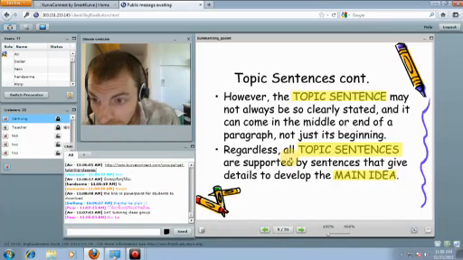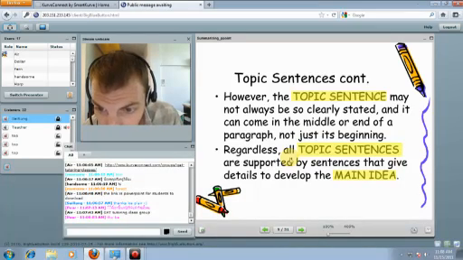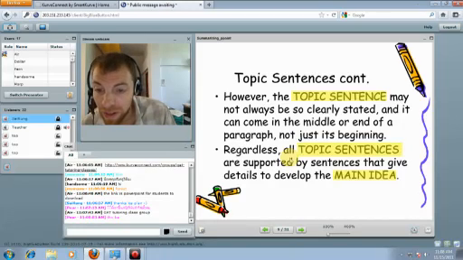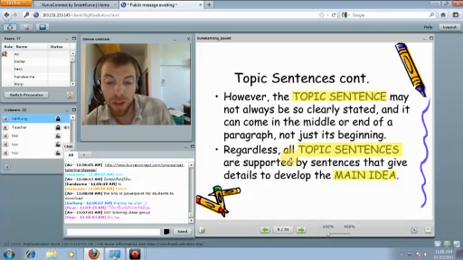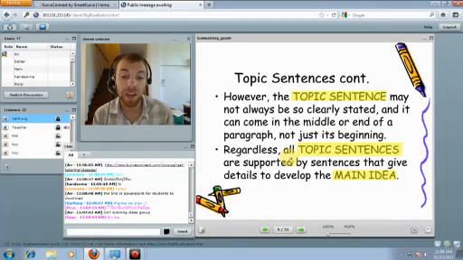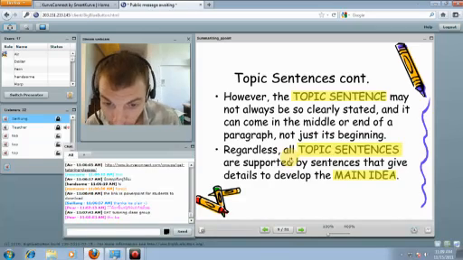And it can come in the middle of the paragraph and not just the beginning. So usually, most times it's the beginning, but sometimes it's not. So it's important to read and think about the main idea.